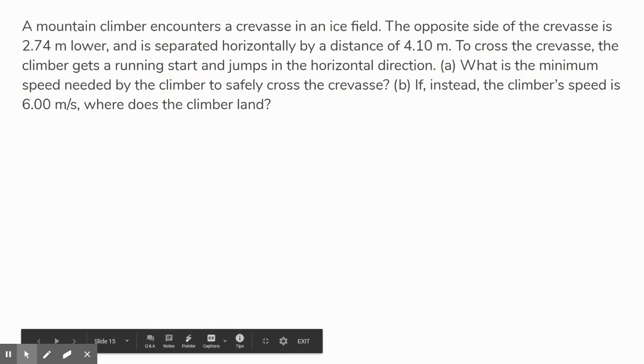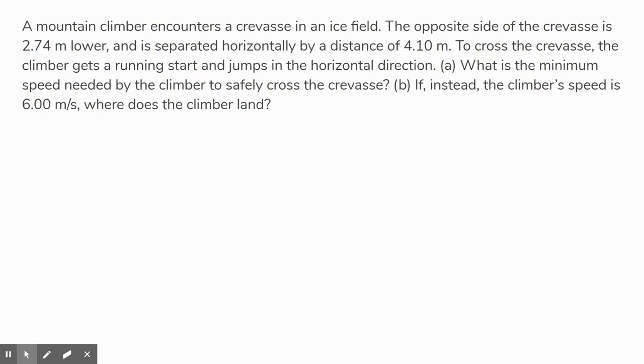Let's go ahead and try that out. Okay, we have a mountain climber who is going to jump across a crevice. We see the opposite side is 2.74 meters lower. It's separated by a distance of 4.10 meters in the horizontal direction.